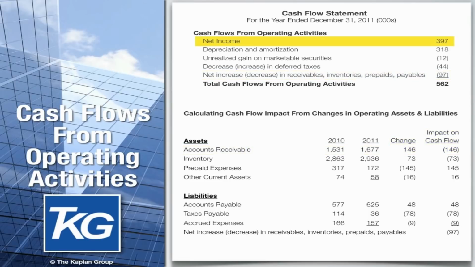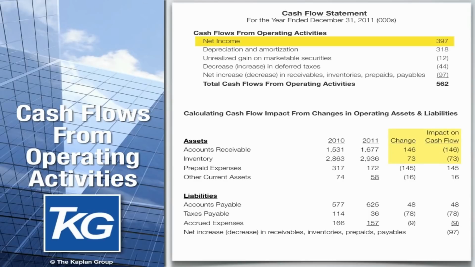This same type of adjustment needs to be made for all other operating assets and liabilities. To do this, we need to calculate the change during the period in the amounts of such operating items as inventory, prepaid expenses, accounts payable, and accrued expenses.